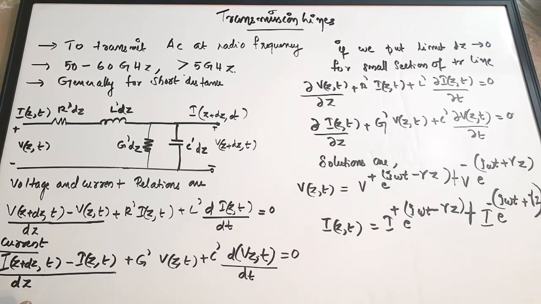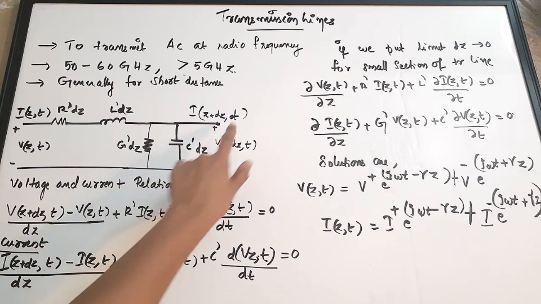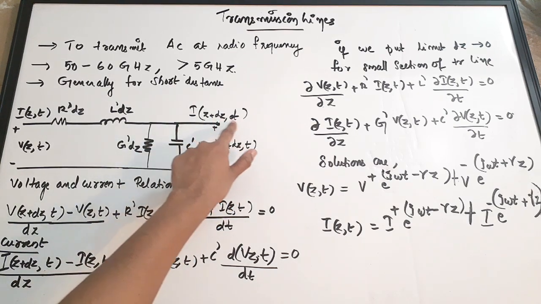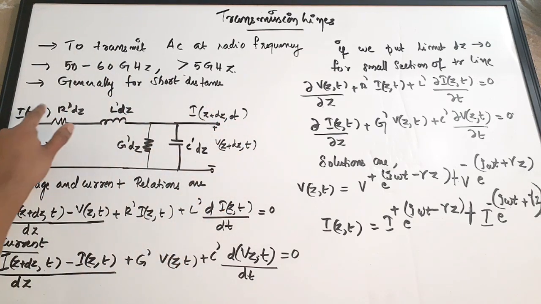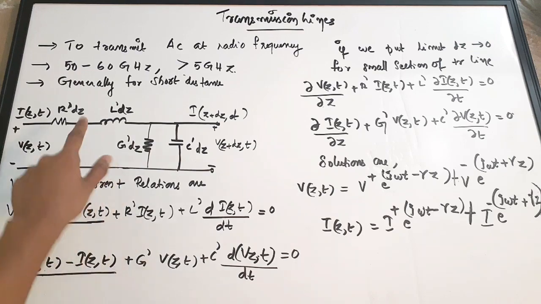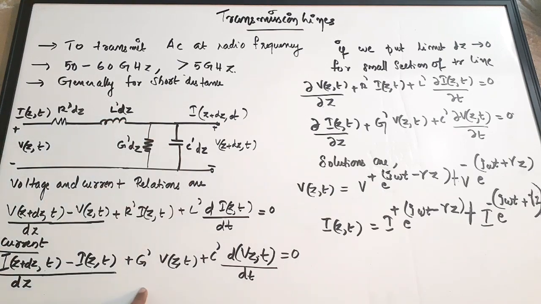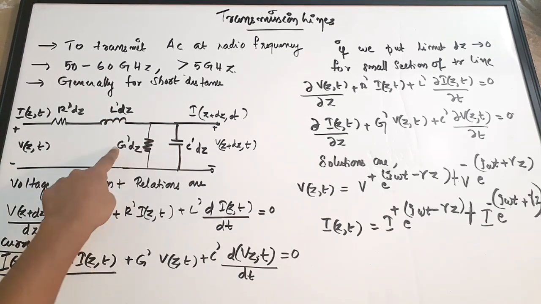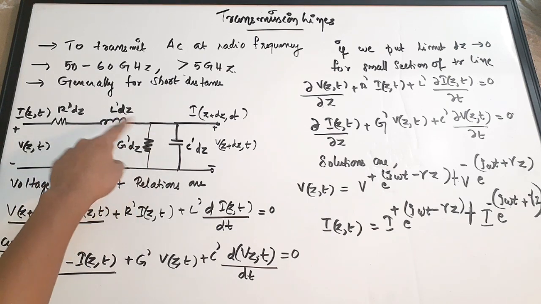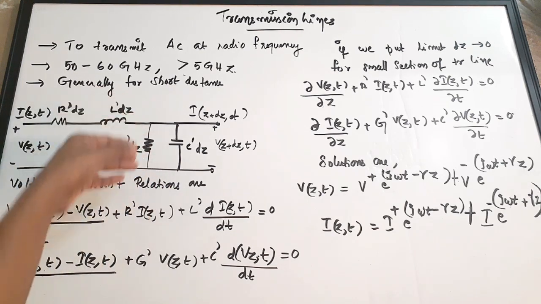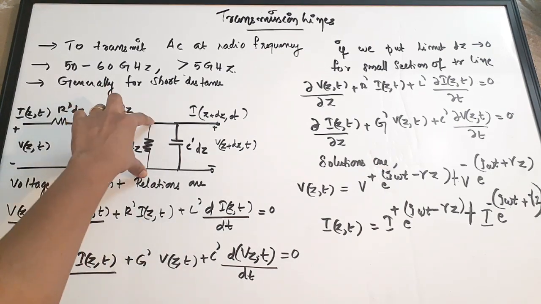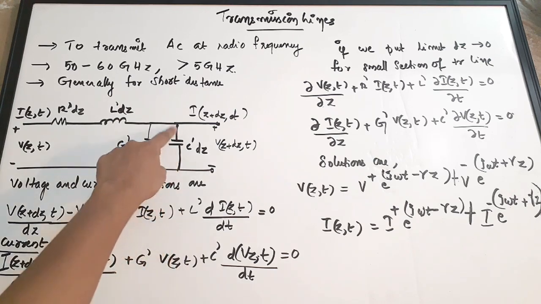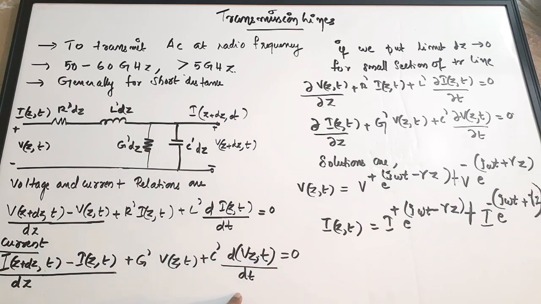The current equation is (I(z+Δz,t) − I(z,t))/Δz, since at this end the current is I(z+Δz,t). Then, across these parallel components, the current through the conductance is G' V(z,t), the voltage drop across it, plus C' ∂V(z,t)/∂t, is equal to 0.